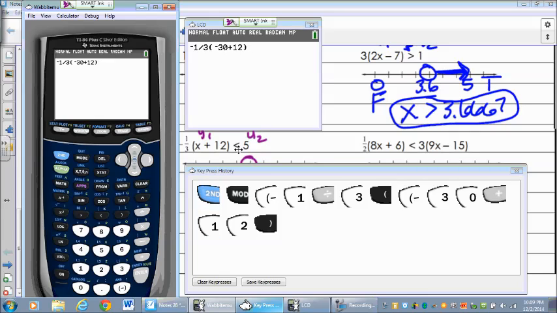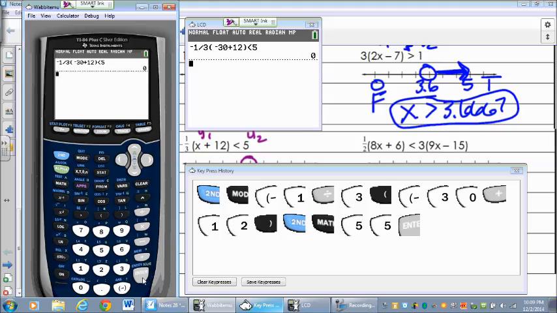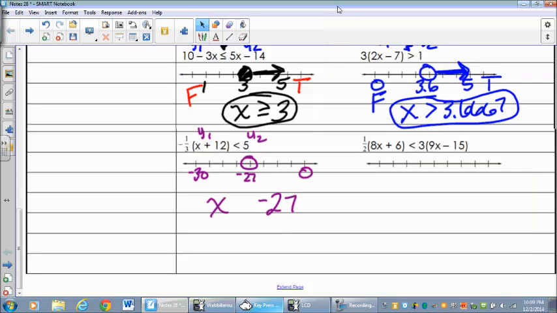And then I need the less than symbol, which is 5, and then a 5. Enter, and I get a 0. Okay, so that means this is false.